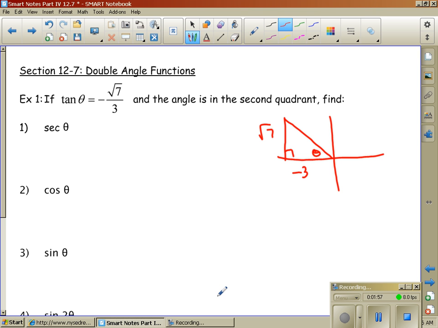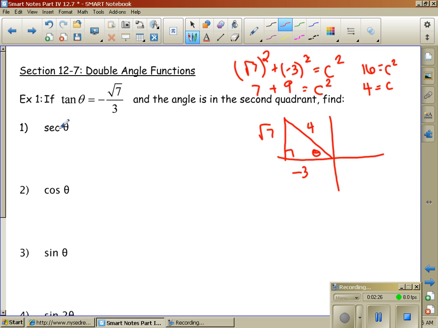So just like before, do your Pythagorean theorem and figure out your missing side. So square root of 7 squared plus negative 3 squared equals c squared. So square root of 7 squared is 7, plus 9 equals c squared. 9 plus 7 is 16. C is positive or negative 4. Remember, your hypotenuse is always positive.